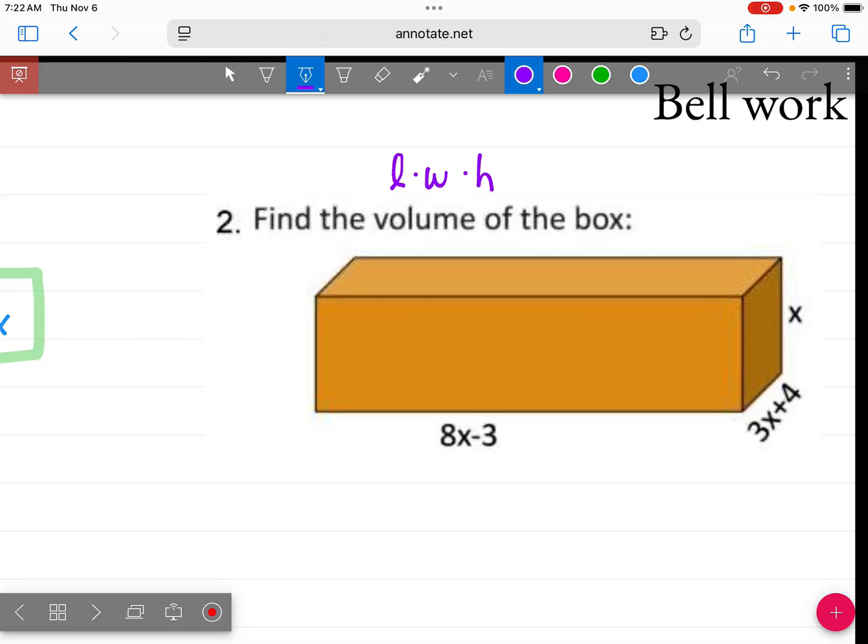What is the length of this box? 8x minus 3. What is the width of our box? 3x plus 4. And what's the height? X. So I can substitute those pieces into our multiplication to get the volume of this box.